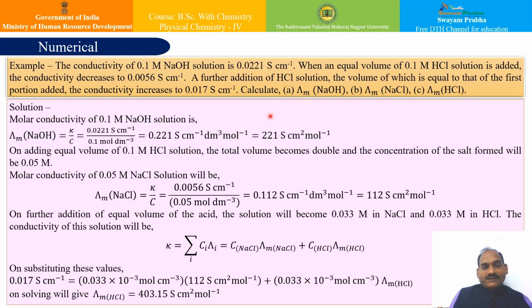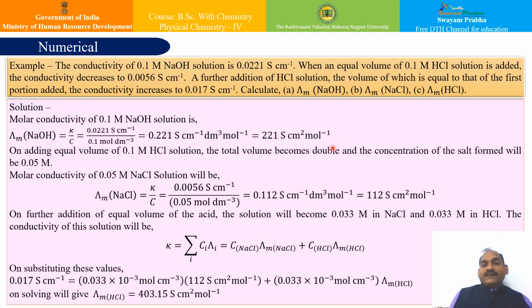How can we proceed? The molar conductivity of NaOH is kappa upon C. We substitute the values given: 0.0221 upon 0.1 moles per dm cube, and it comes out to be 221 Siemens centimeter square per mole.